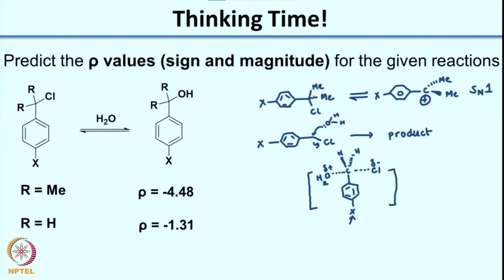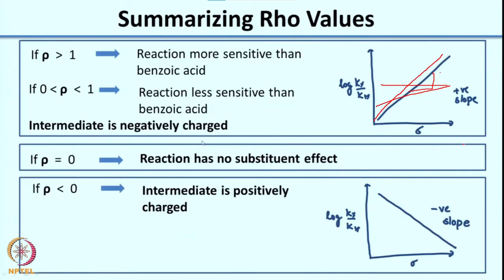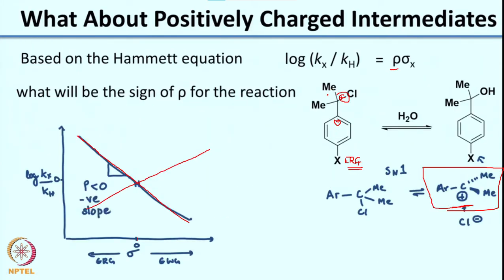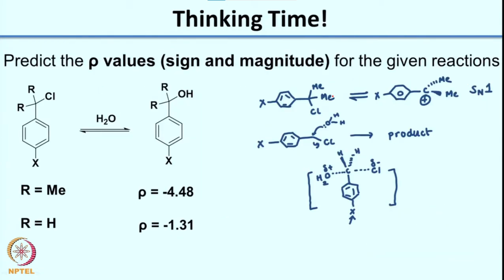So when both the R groups will be methyl, as we have discussed in the earlier case, what will happen?